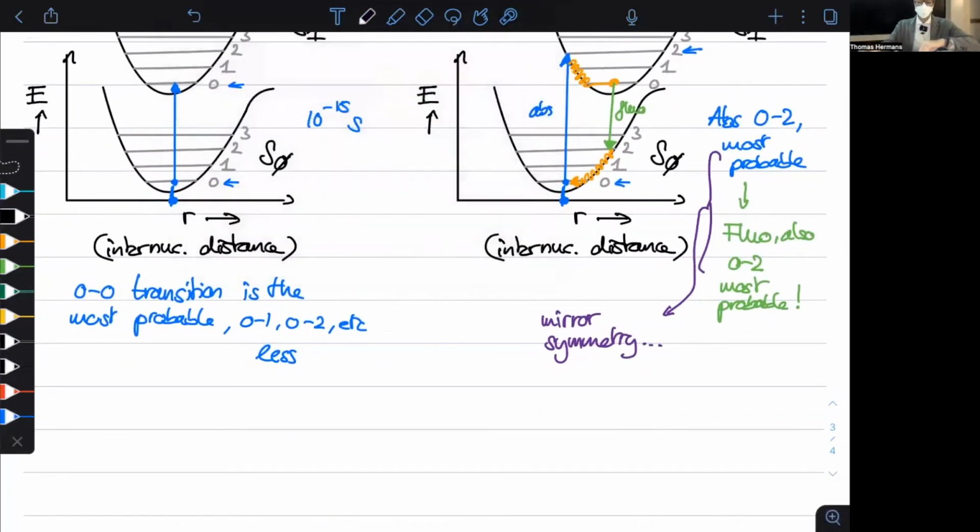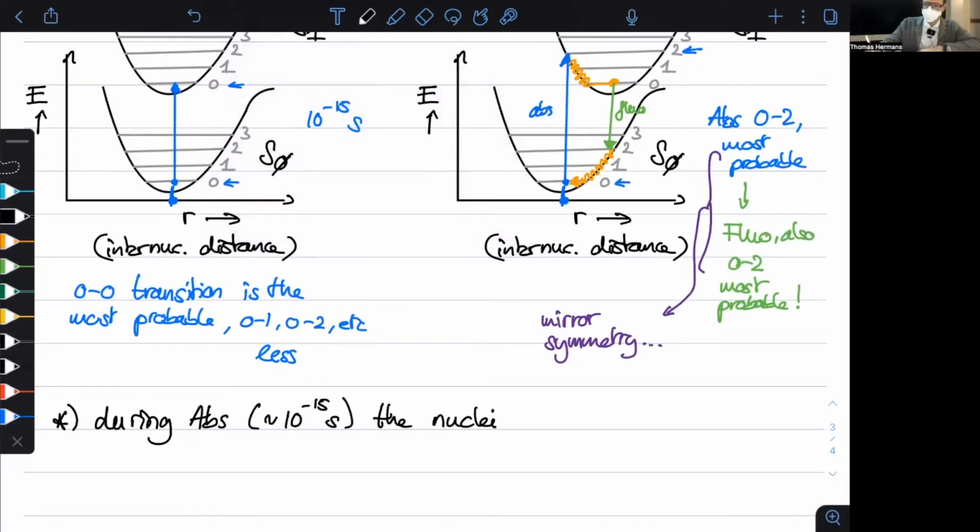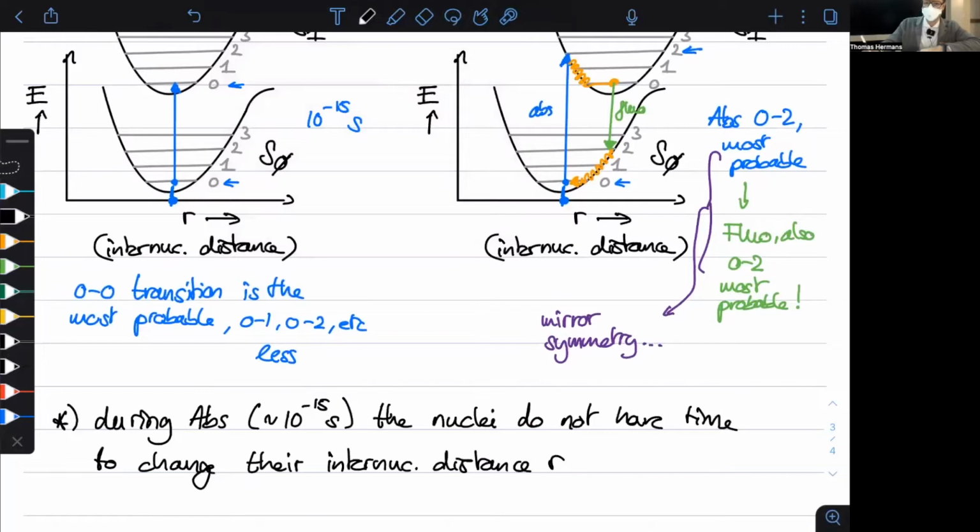Okay, let's do some writing. So during absorption, which is about on the time scale 10⁻¹⁵ seconds, the nuclei in the molecule do not have time to change their internuclear distance, R. Okay.